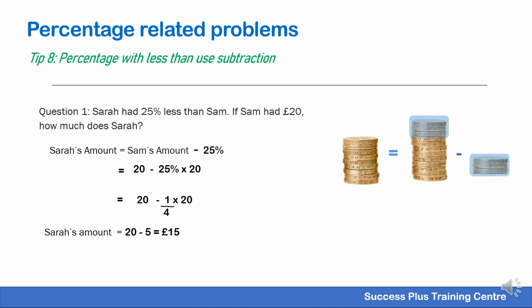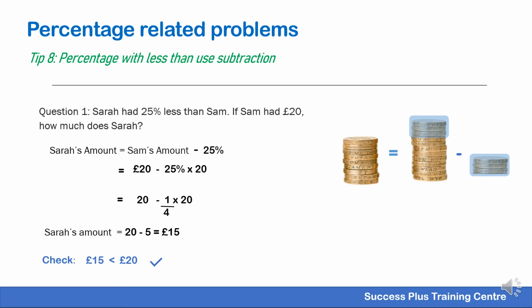Using tip number 2, we can replace 25% by a quarter. This will make the numbers a lot easier to work with. This should then equal £20 take away a quarter times 20, which is £20 take away 5, which means that Sarah's amount equals £15.